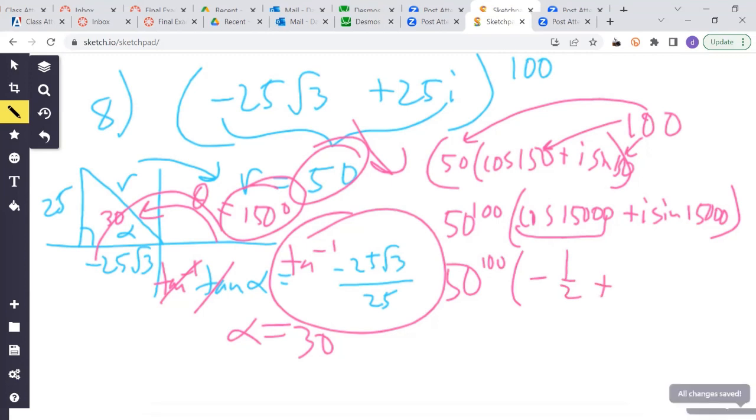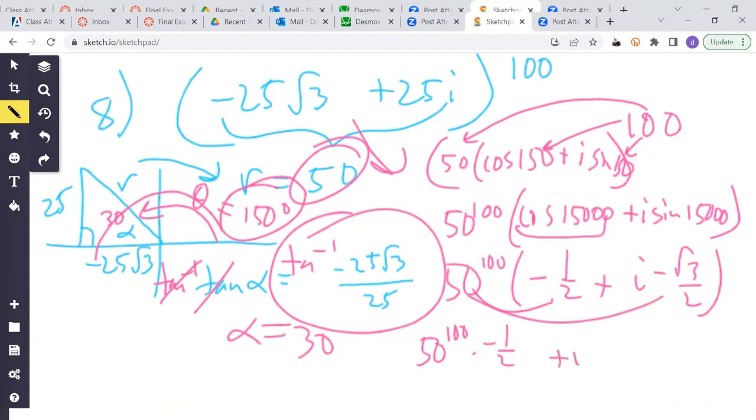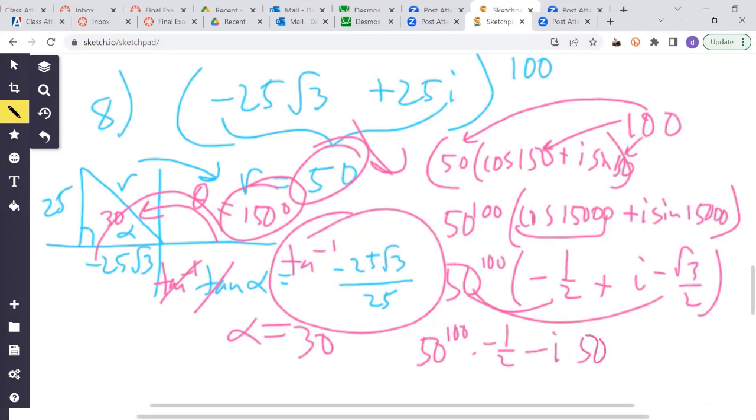And on this one, sine 15,000, I got back negative square root 3 over 2. So I would go this times this and this times that. So I'd go 50 to the 100th times negative 1/2, plus, I guess minus because of the negative there, minus i times 50 to the 100 times square root 3 over 2.